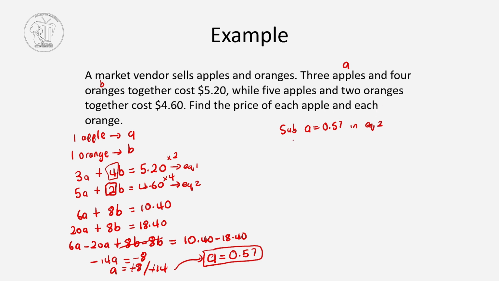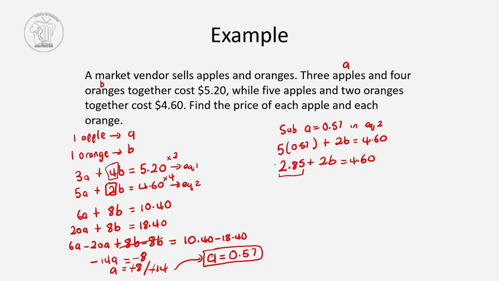So into equation 2, we'll have 5 times, instead of A, 0.57, plus 2B is equal to 4.60. So 5 times 0.57 would give us 2.85 plus 2B is equal to 4.60.